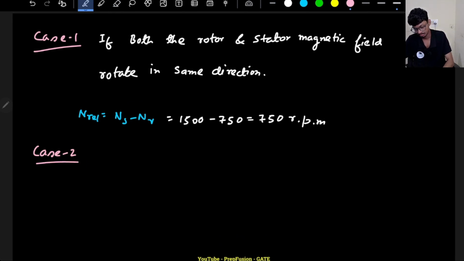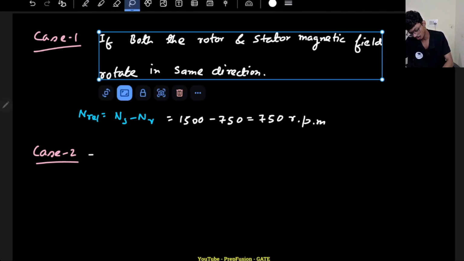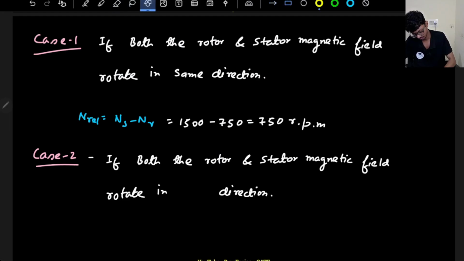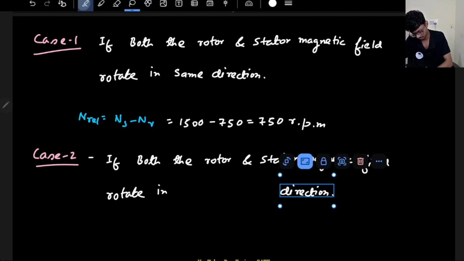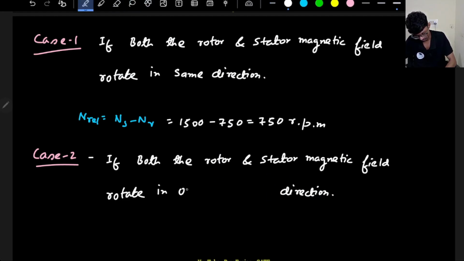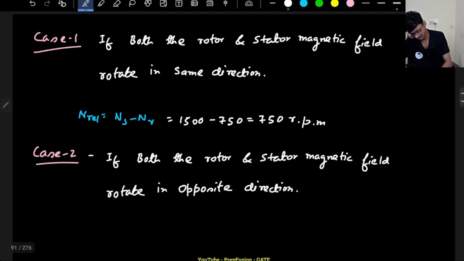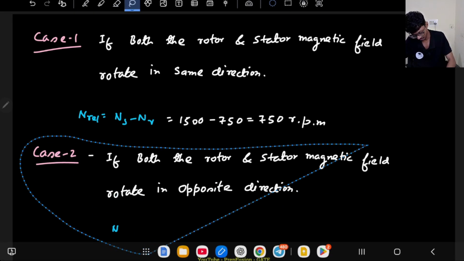Case 2 is if the rotor and stator magnetic fields rotate in the opposite direction. But first, I forgot to write down the frequency because they had asked for it.